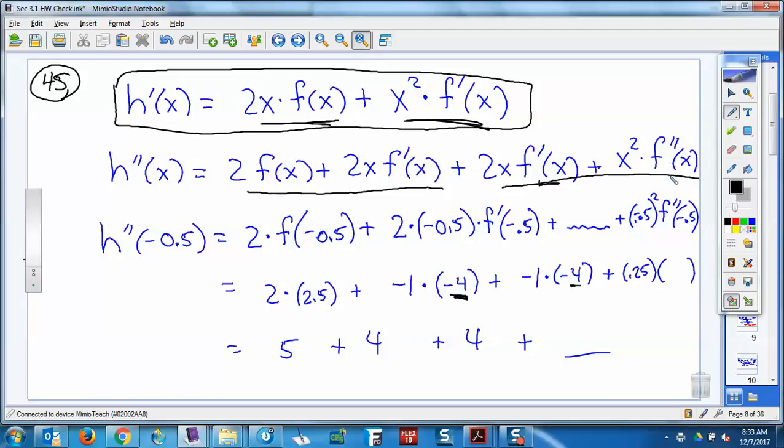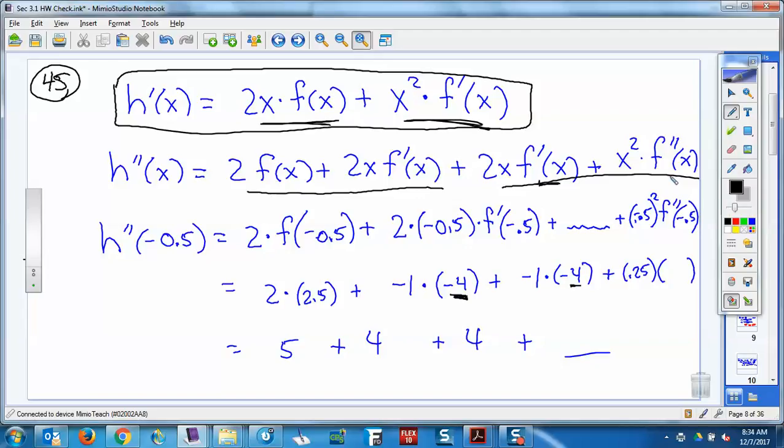Now that's the question. Look at the f graph on page 167. Go over to negative 0.5 on the f graph. How can you tell what f double prime is? Notice I've left it blank here. Go up to the graph.